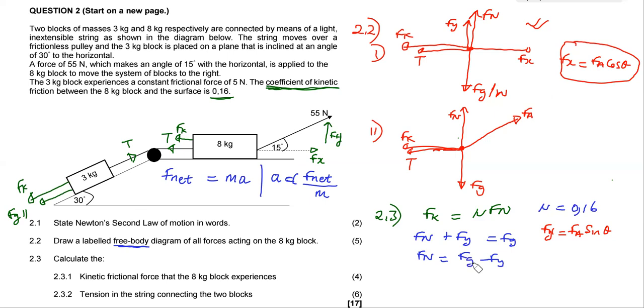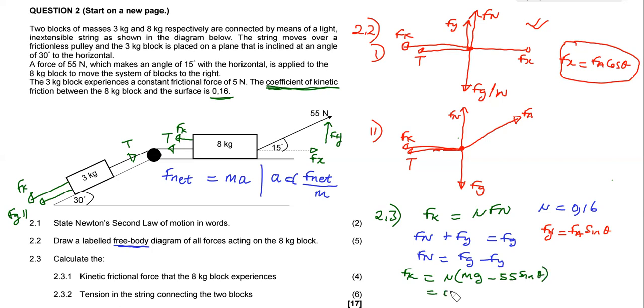So we have Fg. Our Fg is equal to mg. Our Fy is equal to F applied sine theta. So what we're going to do is substitute our Fn with Fg minus Fy. Let's now put it in. Fk is going to be equal to mu in bracket, mg minus 55 sine theta.